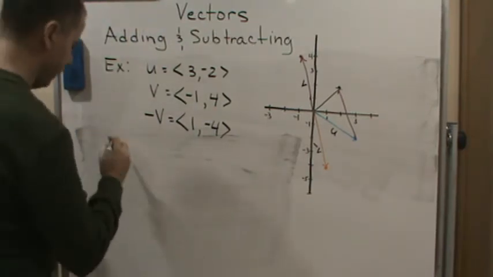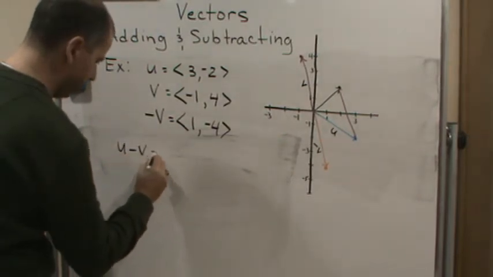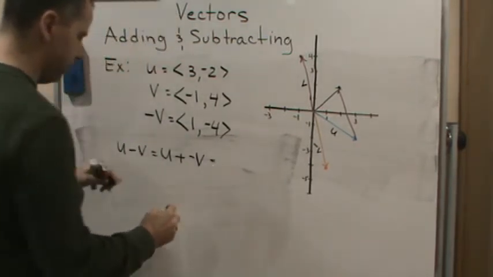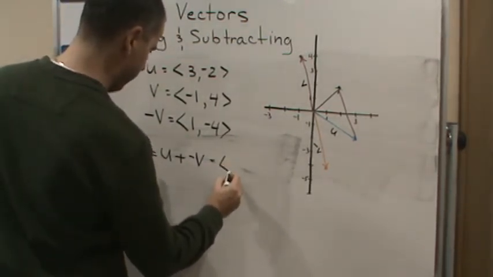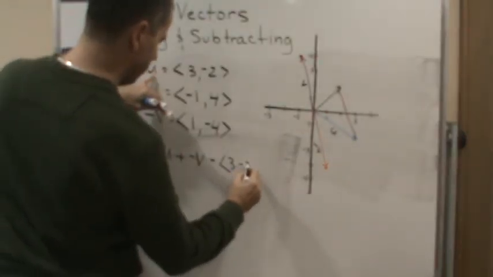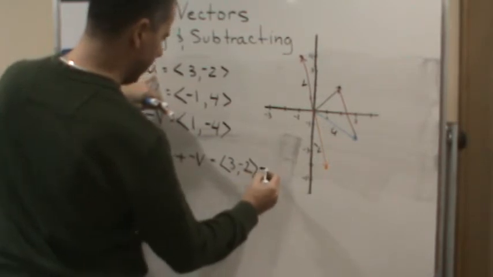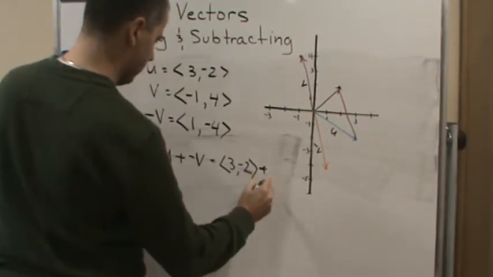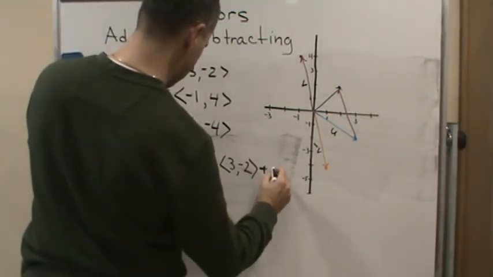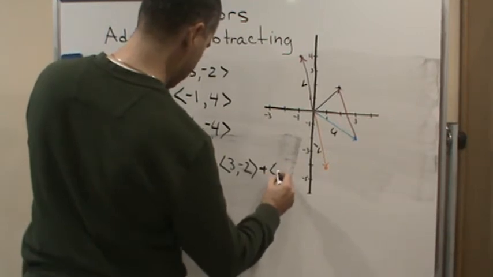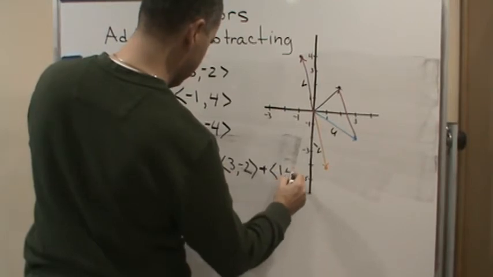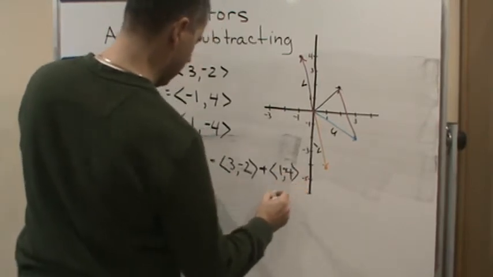And now if we wanted to do the subtraction, so if we wanted u minus v, which equals the same thing as u plus negative v, well, that's going to be 3 comma negative 2 minus or plus what? Negative v, which is 1 comma negative 4.